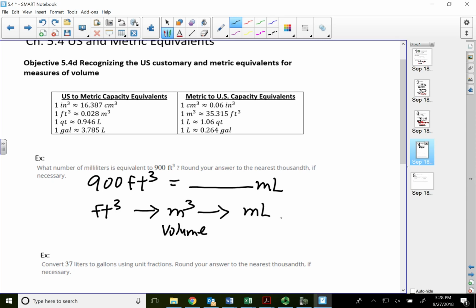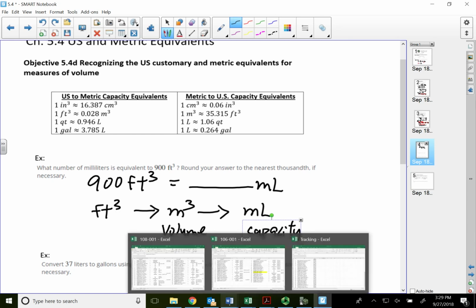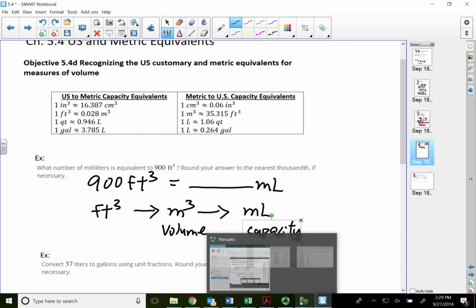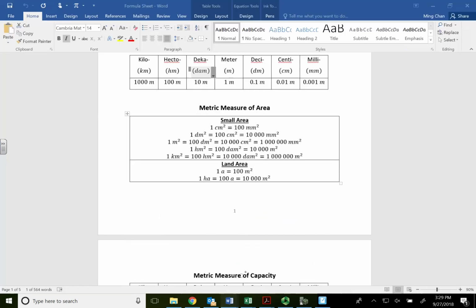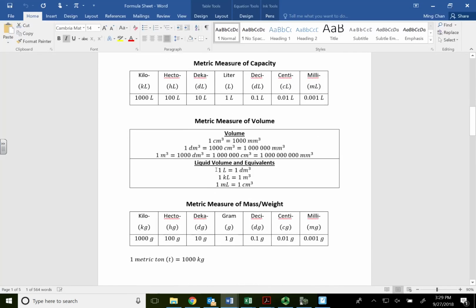When you say milliliter, that's capacity. So both of these are metric volume and metric capacity. So metric volume to metric capacity, that will be right here.